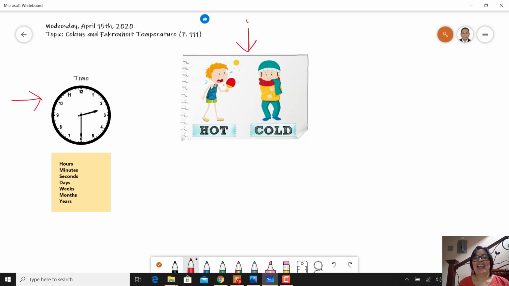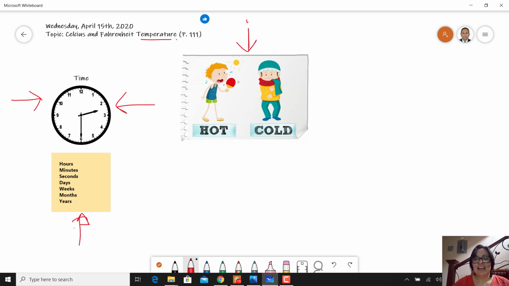So there is an instrument and also some units. For example, the instrument that we use for time is the clock. And the units that we use to measure time are hours, minutes, seconds, days, weeks, months, years. But in talking about temperature, what instrument do we use, and which are the units that we can use to measure the temperature?